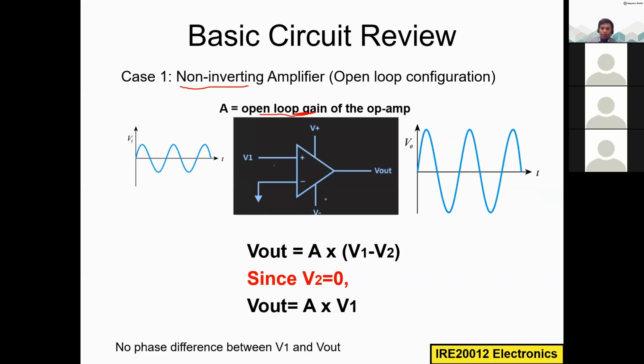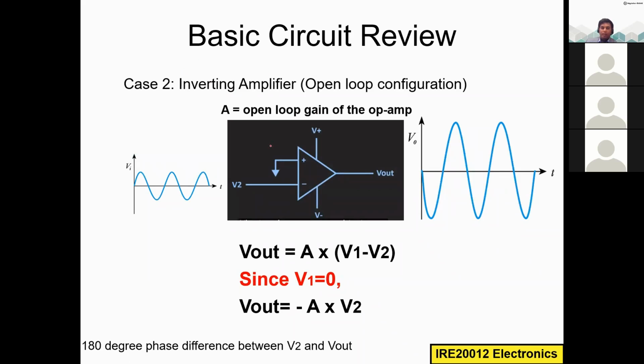The formula for the output is V out is equal to A times V1 minus V2. Here V2 is 0, so applying this in the formula, V out is A times V1. There is no phase difference between V1 and V out. This is the V in or V1, and this is the V out.